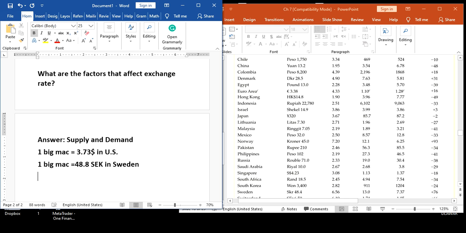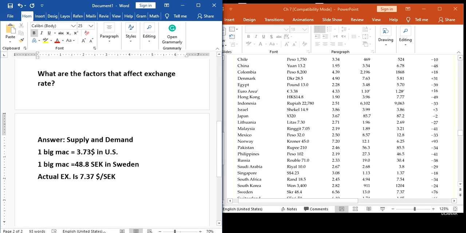Now, the actual exchange rate, okay? Actual exchange rate is 7.37 US SEK. It means that 1 US dollar is equivalent to 7.37 kroner, Swedish kroner, okay?